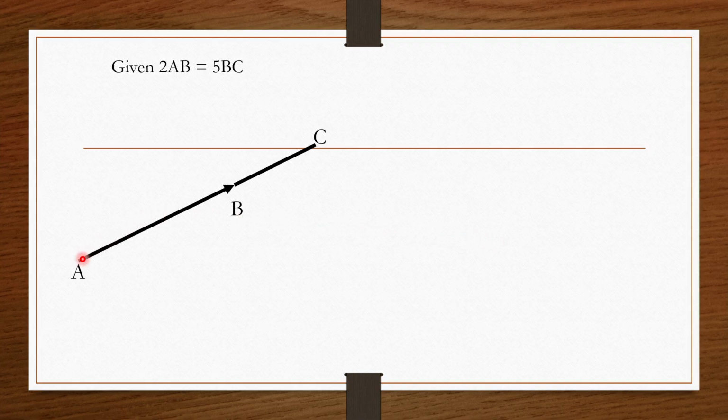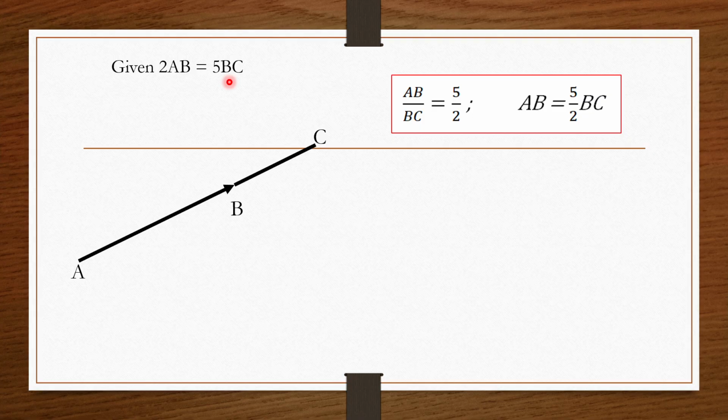Okay, this slide is quite important when you are solving vector questions later. Given 2AB equals 5BC, you may rewrite it in fraction form as AB over BC equals 5 over 2, or AB equals 5 over 2 BC.